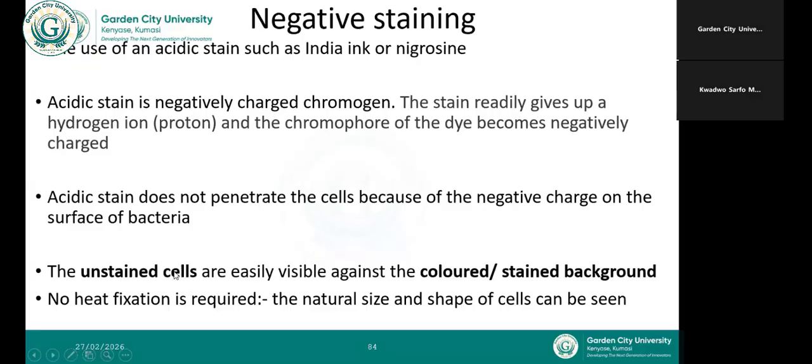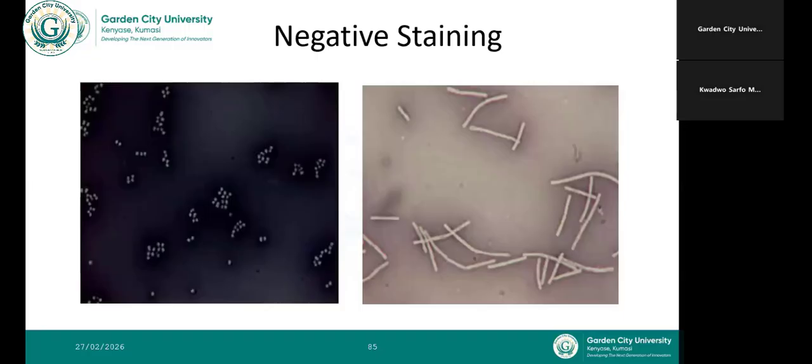But if the cells are not stained and the background is stained, you can still see the morphology. So this is how you see it. The background is stained, but these are the cells. They remain unstained, and you can see the shape, the arrangement. And this is what we refer to as negative staining. The background is stained, but the cells are not stained.